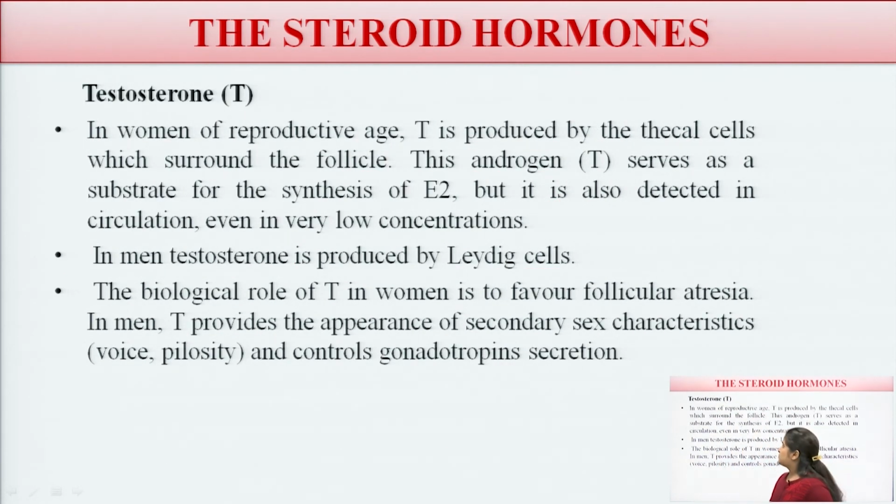Now the testosterone. In women of reproductive age, testosterone is produced by the thecal cells which surround the follicles, and the androgen testosterone serves as a substrate for the synthesis of estradiol, E2, but it is also detected in the circulation, even in very low concentration.